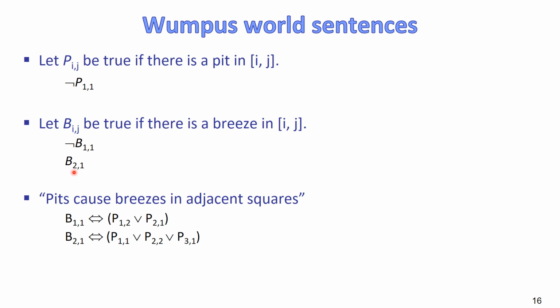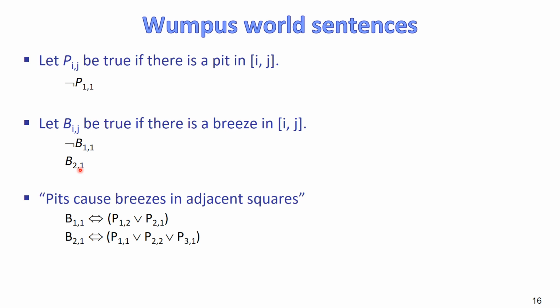B21 means that we actually sensed the breeze in room 21, and so on. Same with stench, of course, we should add the variable S with the subscripts that indicate which room we sensed the stench in.